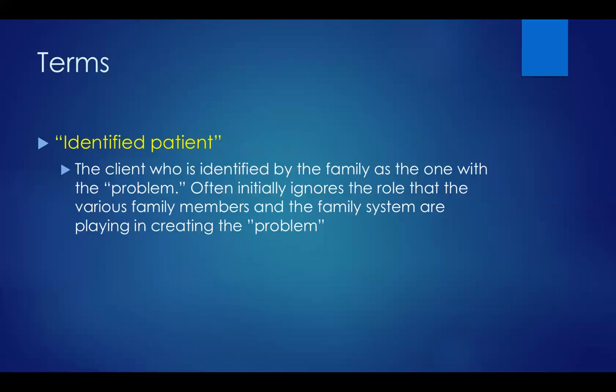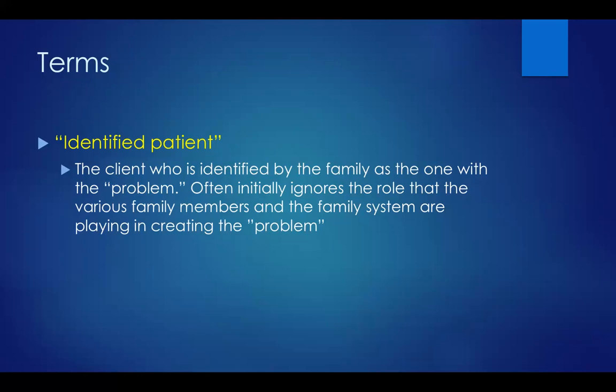A few other things to note is that within family systems theory, there is a term called the quote unquote identified patient. It's called this because usually someone comes in and says, my child is having a problem, or my husband is the problem, for example.